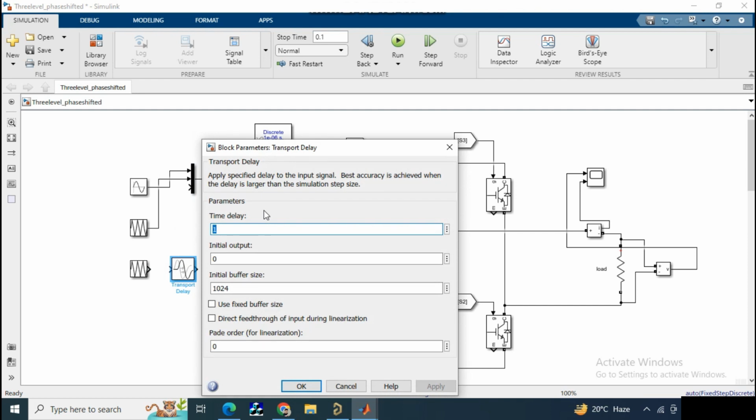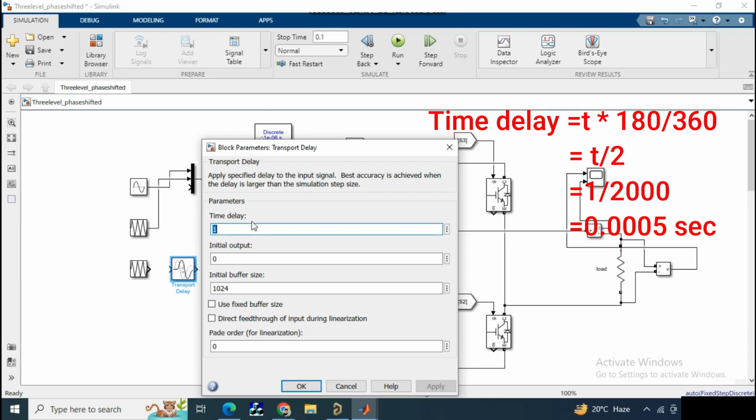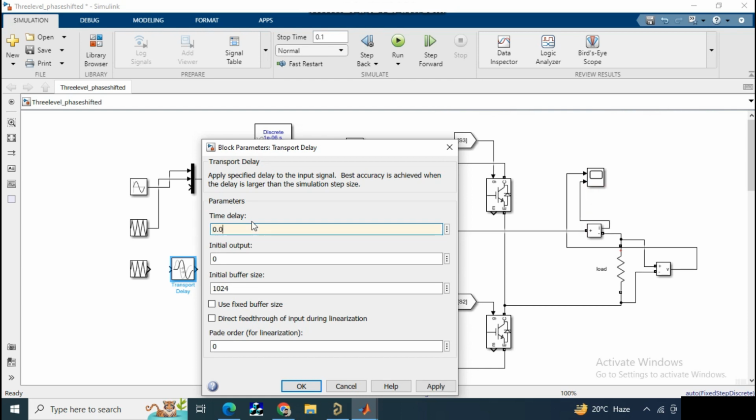Here you have to give the time delay. Total time t is equal to 360 degrees. That means 180 degrees will be t by 2. And here t equals 1 by 1000. That means the total delay will be 1 by 2000, which is 0.0005. Also put the same value in initial output.